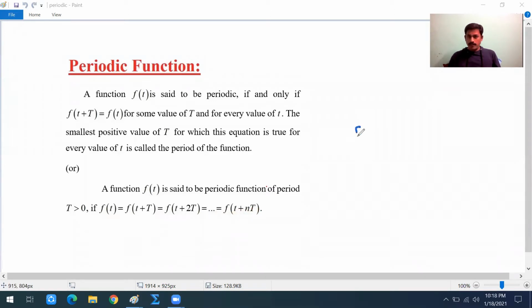If you consider a function f of t, if you change the t by t plus capital T, the value will not change for the function, it remains same. That is f of t plus T equal to same f of t. So then we call this function as periodic function with this period T.